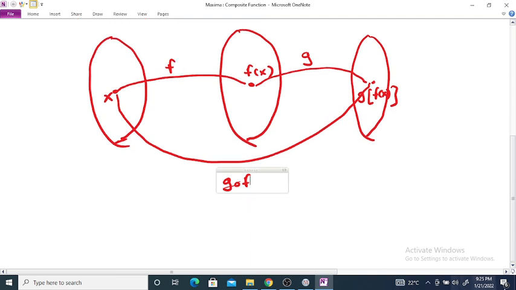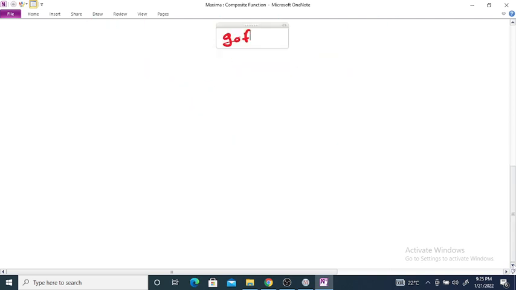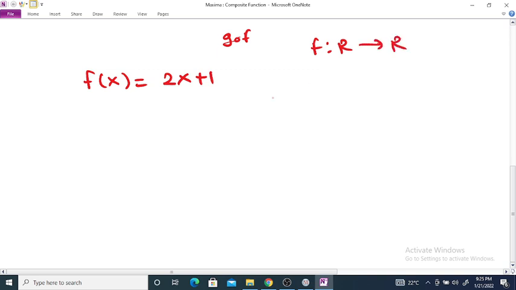Now, for example, say f of x is equal to twice x plus 1, and f is a function from R to R, and say g is also a function from R to R, defined as g of x is equal to x square.